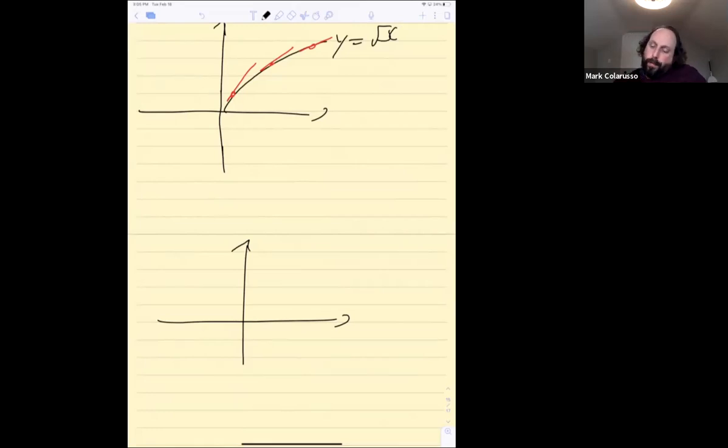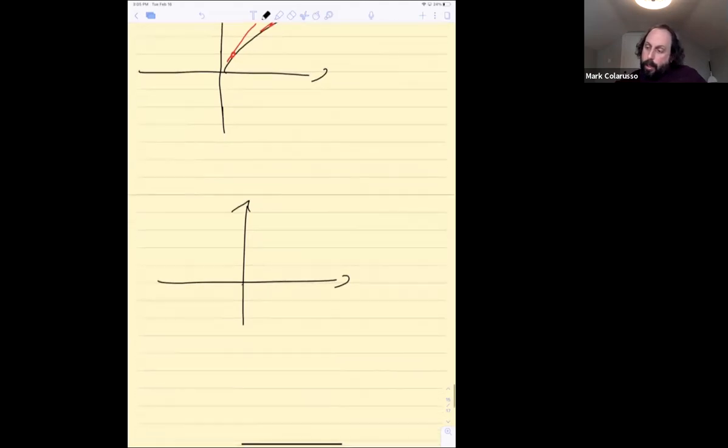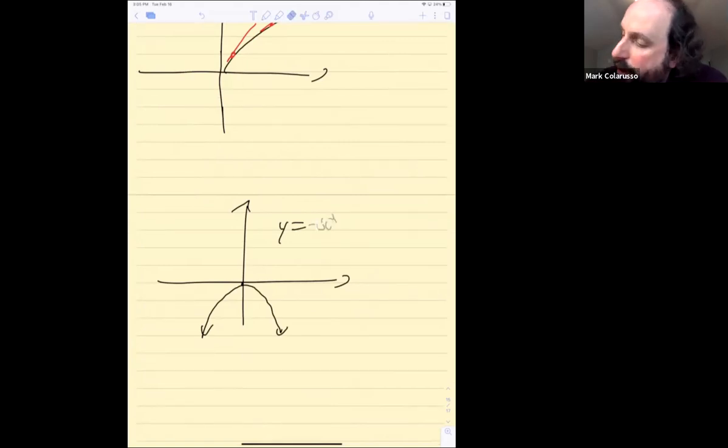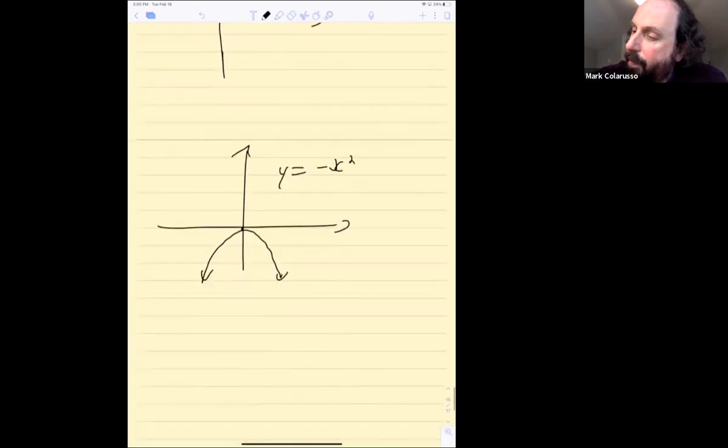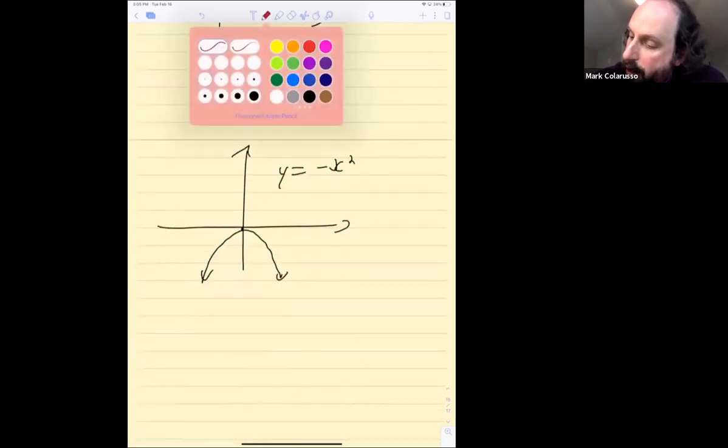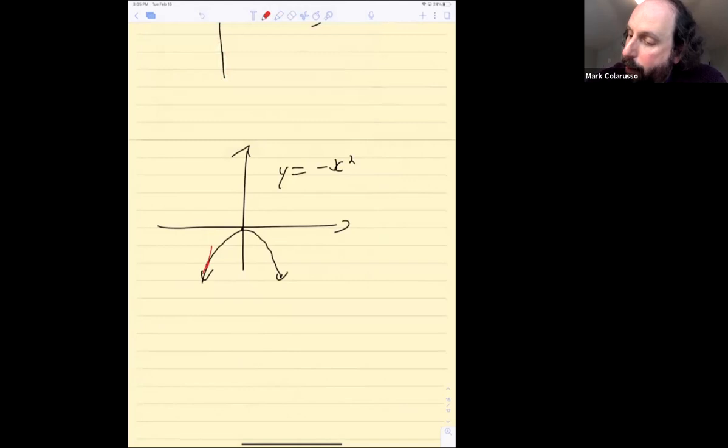I guess just a kind of a lame example of something that's concave down is an upside down parabola. So y equals minus x squared. With y equals minus x squared, the tangents on the negative side of the origin start out really big and positive.